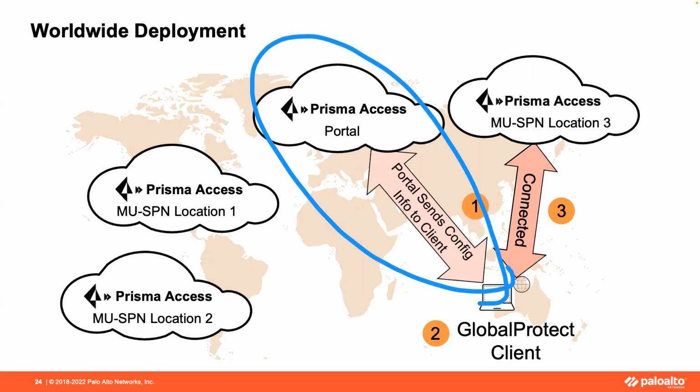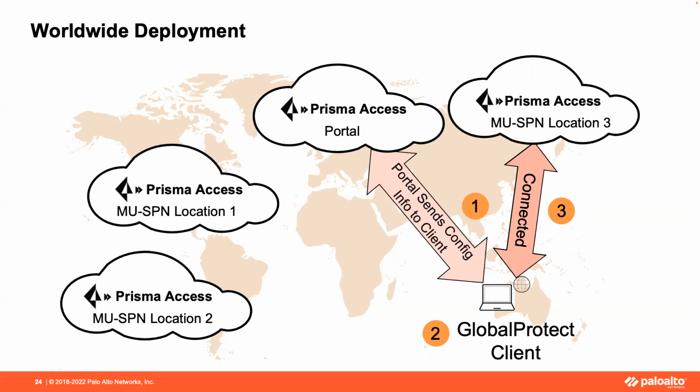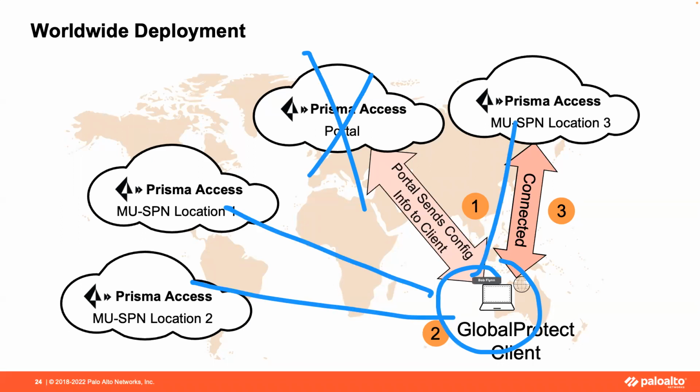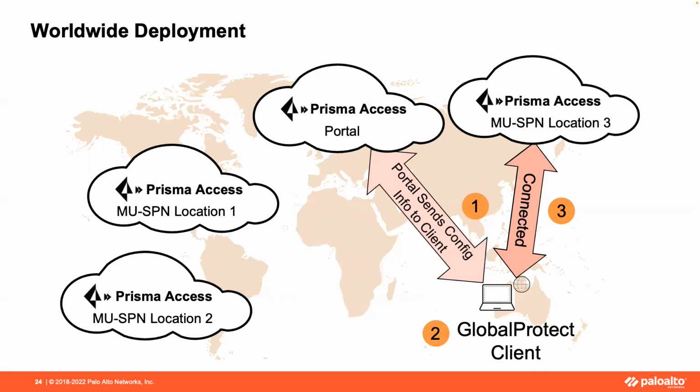Those are called client configs, and those get sent to the client. Then the client disconnects from the portal, and if they have multiple gateways they can connect to, they connect to the closest available one. How do they know that? Well, they send out an SSL hello to all the gateways, and whoever answers first is the one that we use.